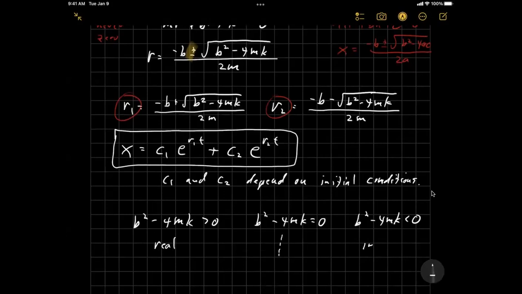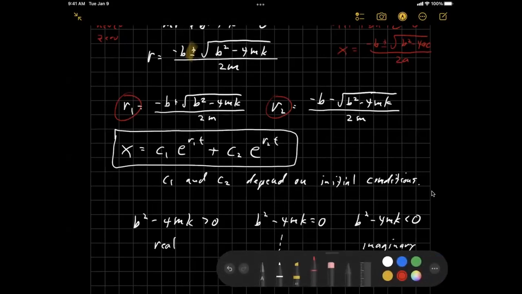Okay, if you look at this, since b squared minus 4mk is inside of the square root, you'll end up with imaginary parts of your answer, and the answer will become complex. It'll have real and imaginary parts. Okay, so that's actually the more interesting case.